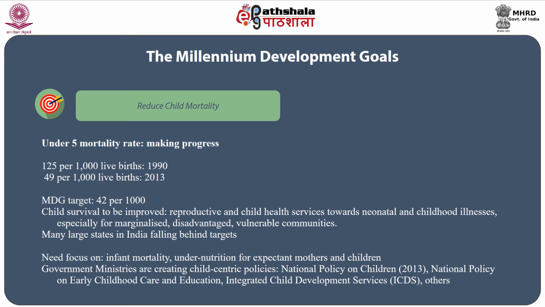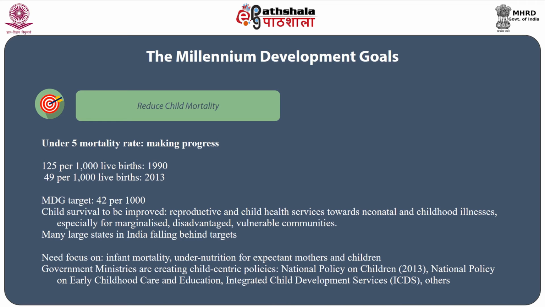Child survival needs to be improved, with better catering of reproductive and child health services to neonatal and childhood illnesses, especially for marginalized, disadvantaged and vulnerable communities. Many large states in India are falling behind the targets. There is a need to emphasize infant mortality and undernutrition, prevalent on a large scale among expectant mothers and children.